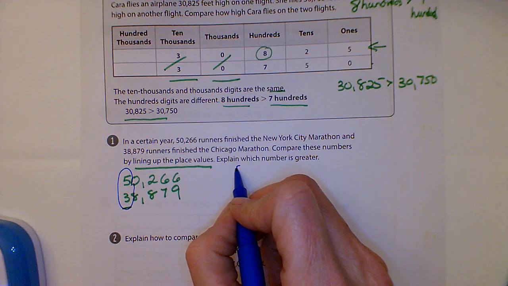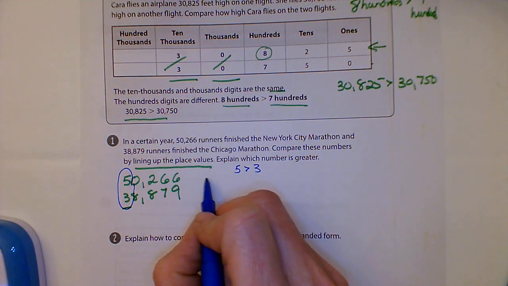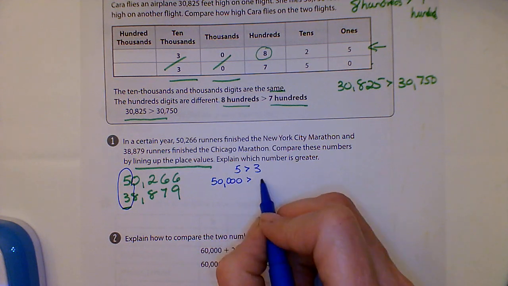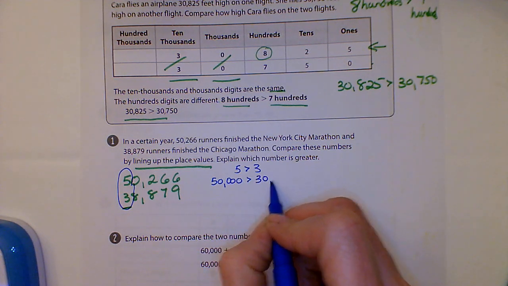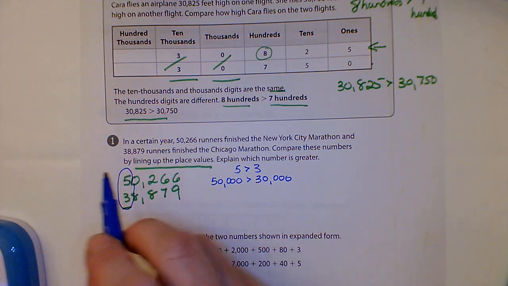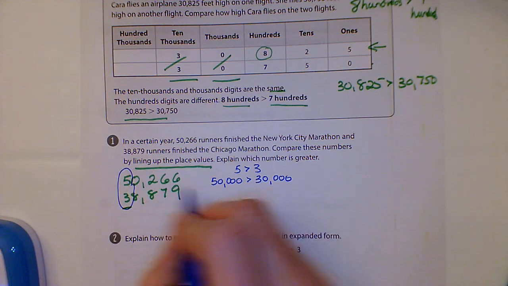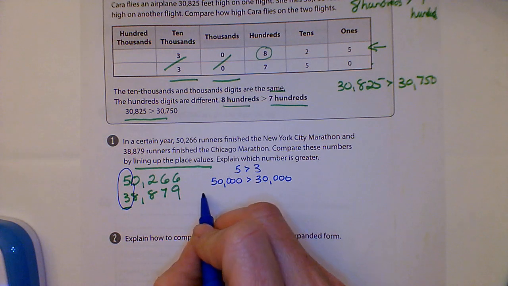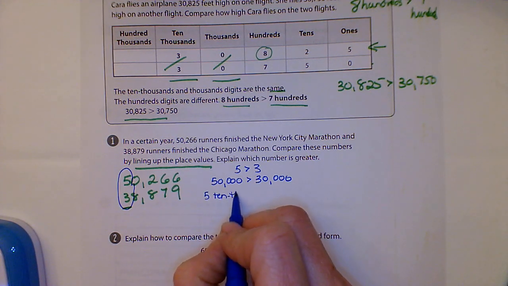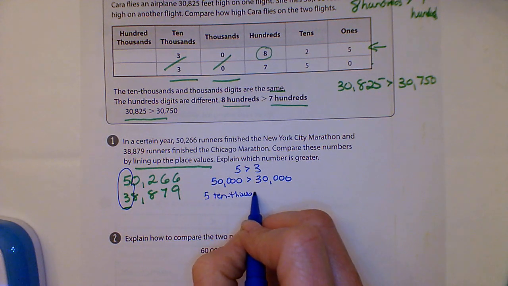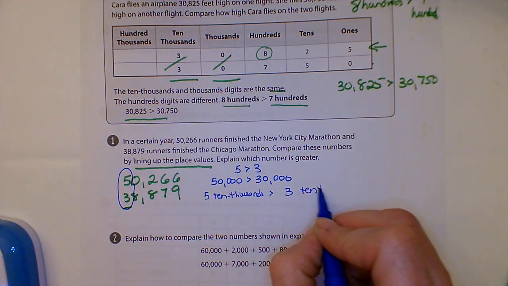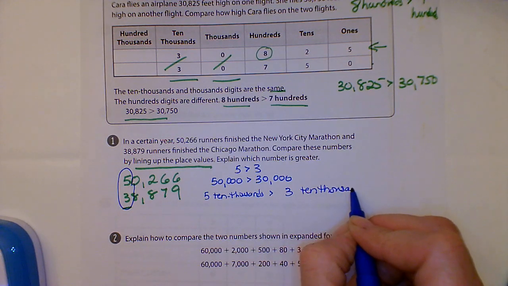So I could say 5 is greater than 3, but then I would have to show that I know that that really represents 50,000 is greater than 30,000. Or I could have said 5 10,000s, because it's in the 10,000s place. So I could have said 5 10,000s is greater than 3 10,000s.